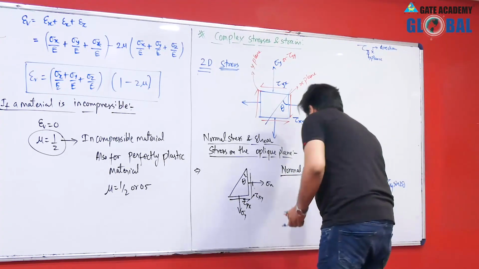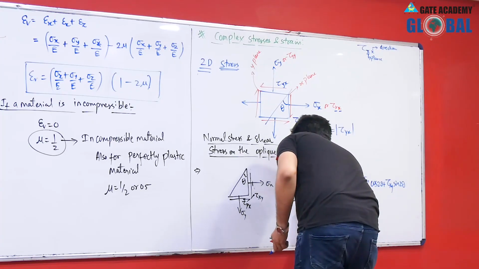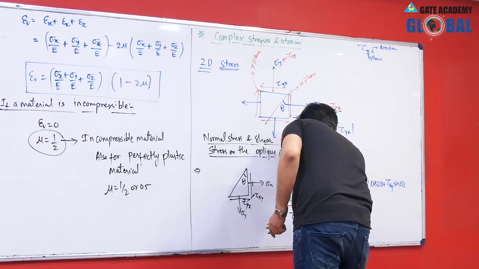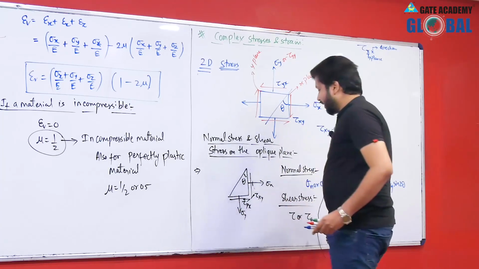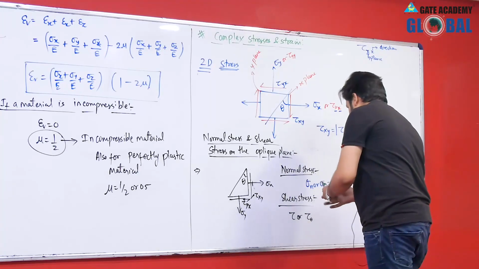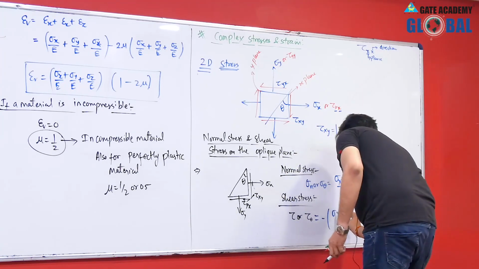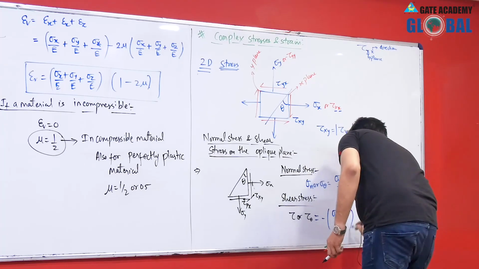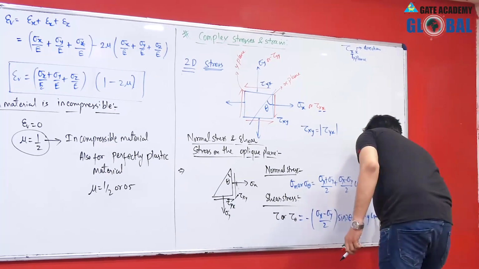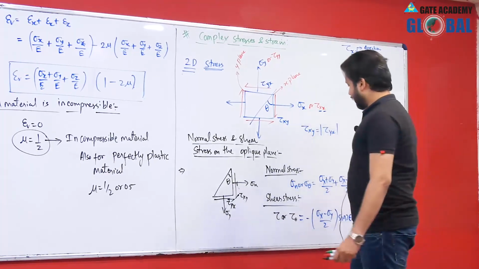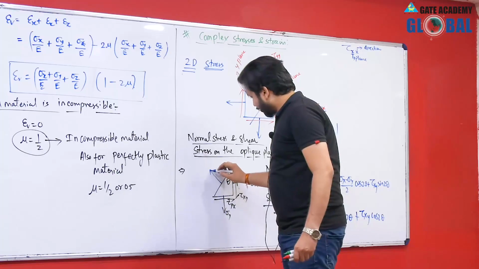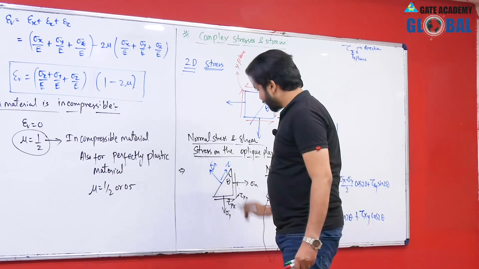And the shear stress at this oblique plane, that is tau, or you can also write it tau theta, that means the shear stress at the oblique plane inclined at an angle of theta, tau theta, will be equal to minus sigma x minus sigma y by 2 sin 2 theta plus tau xy cos 2 theta. This will be normal stress on any oblique plane, and this will be the shear stress on the oblique plane, okay. So this will be the normal stress sigma n, and this will be the shear stress tau, okay.